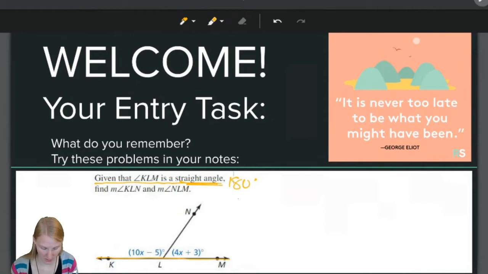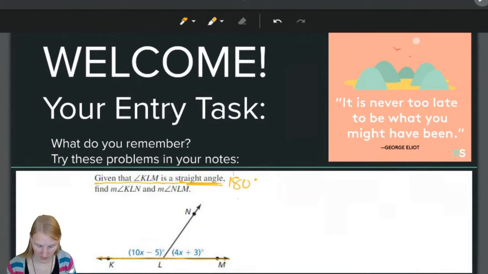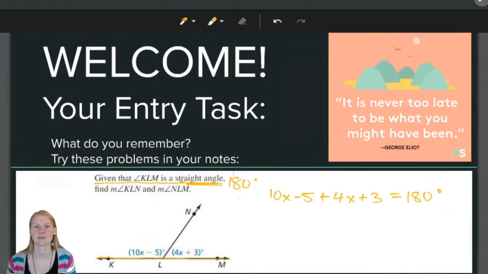So together, 10x minus 5 and 4x plus 3 are 180 degrees. So we can use the angle addition postulate to say 10x minus 5 plus 4x plus 3 equals 180.